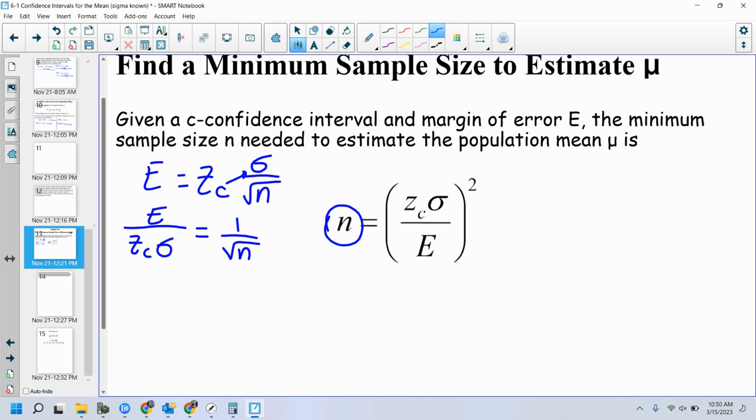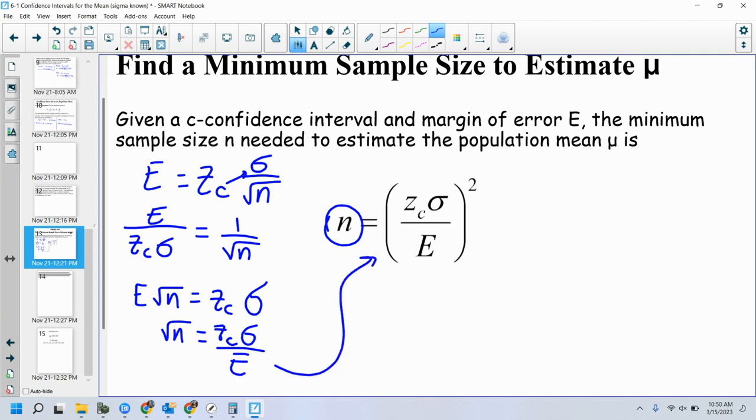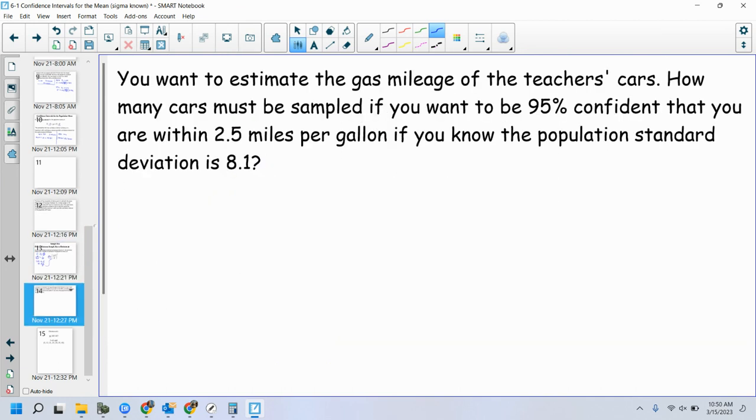Cross multiply: E times square root of n is equal to ZC sigma. Then divide by E: square root of n equals ZC sigma over E, and then square this whole thing, and that's where we get n. So that's just a manipulation of the error margin formula. Okay? So let's apply it.